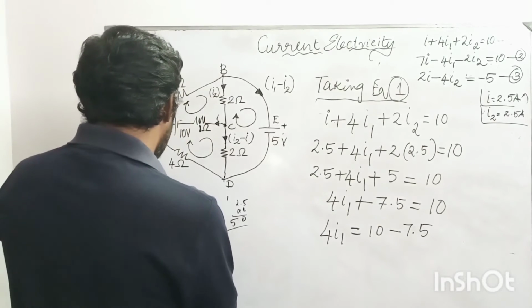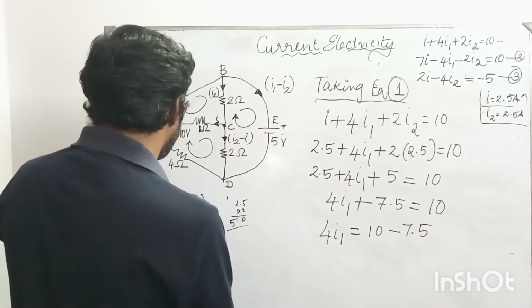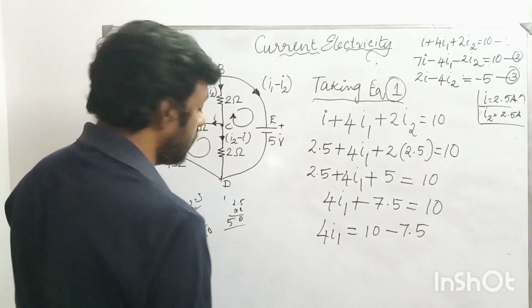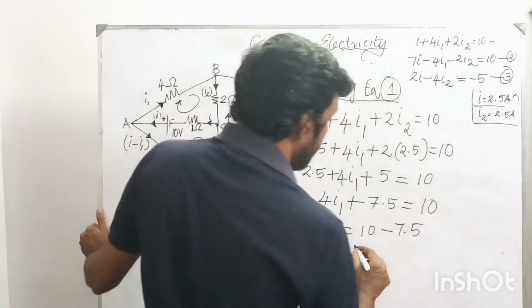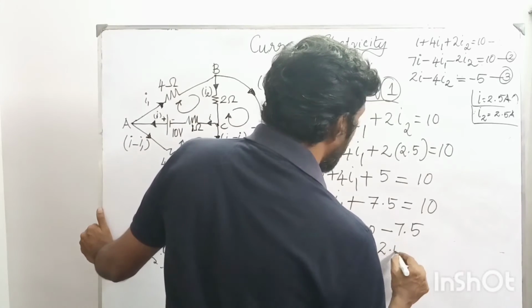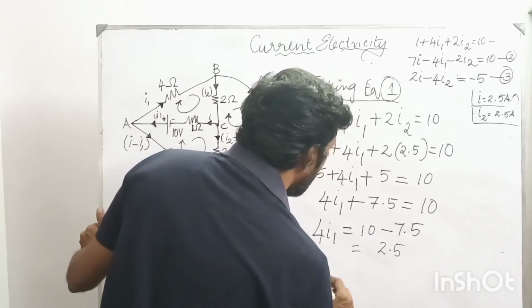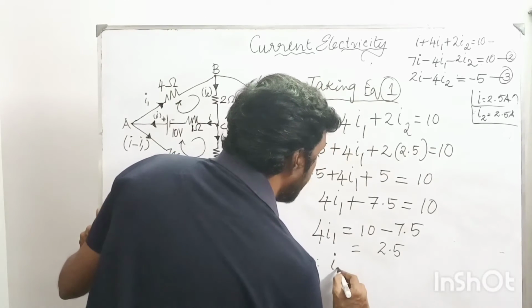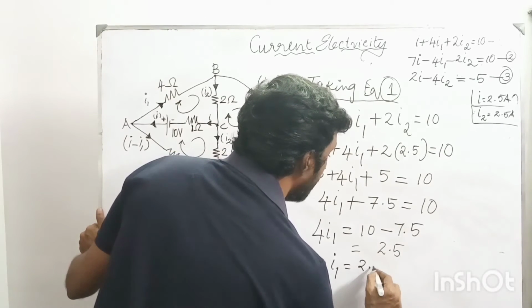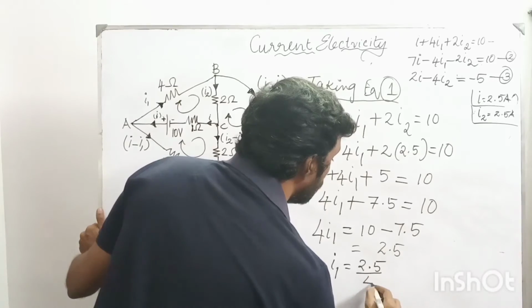What is 10 minus 7.5? It will be 2.5. Therefore, 4I1 is equal to 2.5 and I1 will be 2.5 divided by 4.